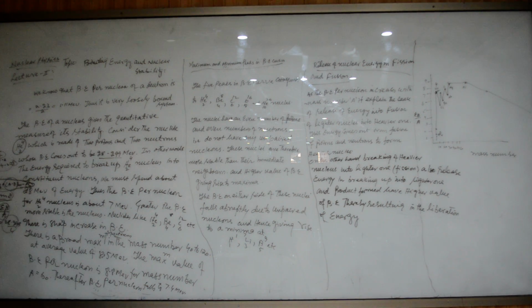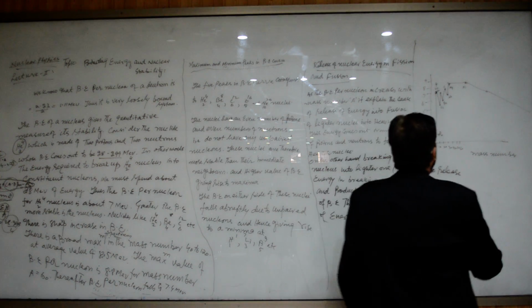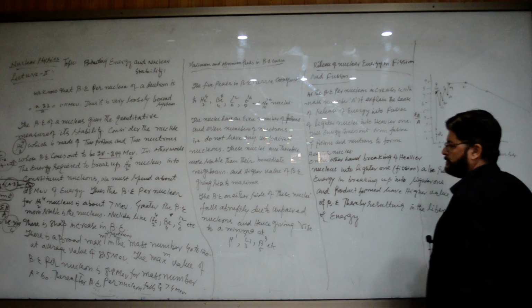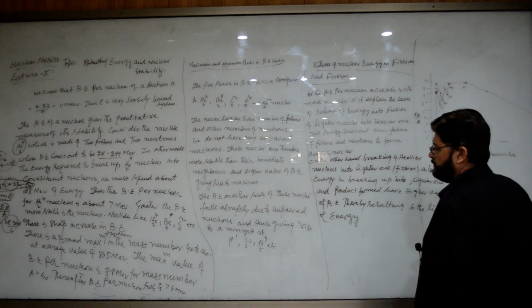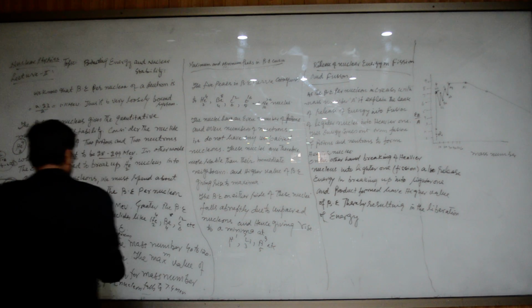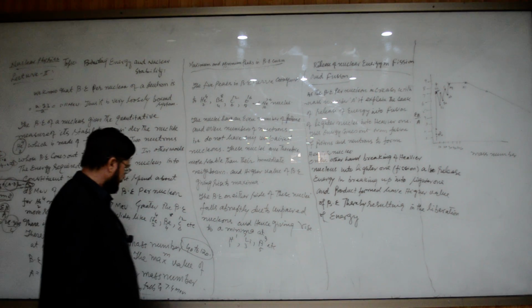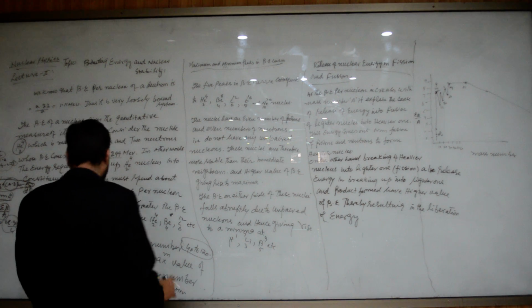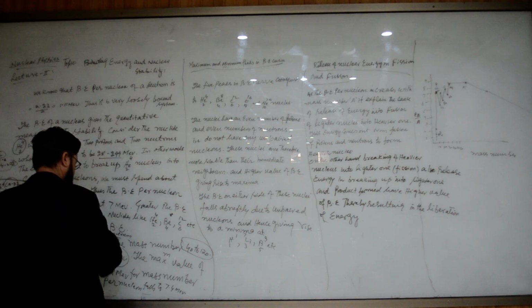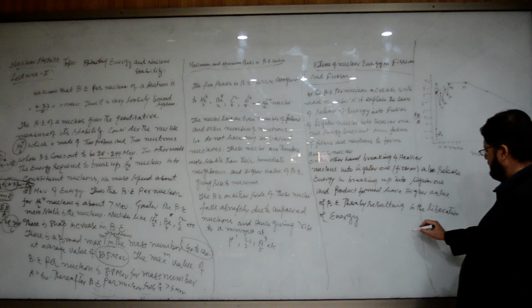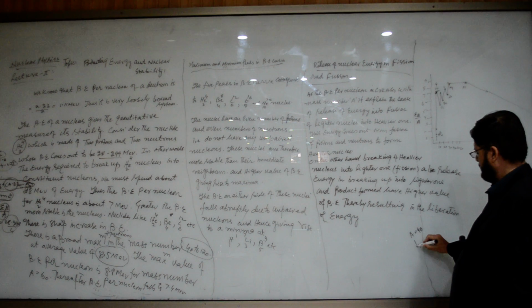In the mass number range of 40 to 120, these nuclei are stable ones, and the average value is 8.5 MeV. Those nuclei which have mass number A from 40 to 120 have a binding energy of roughly 8.5 MeV.